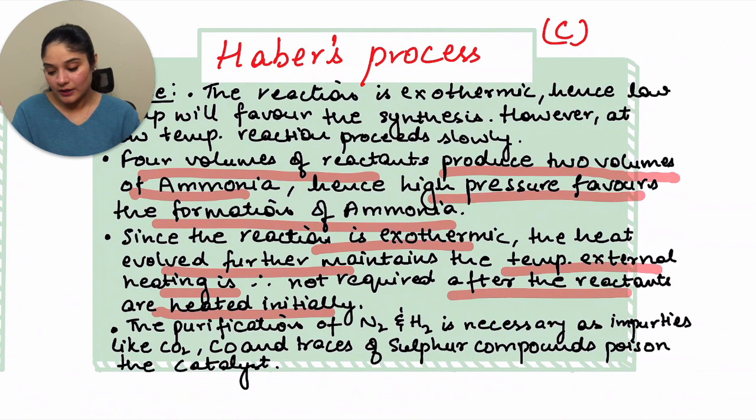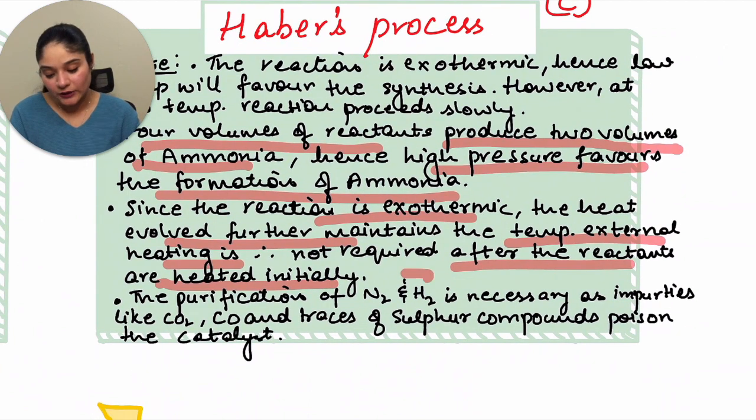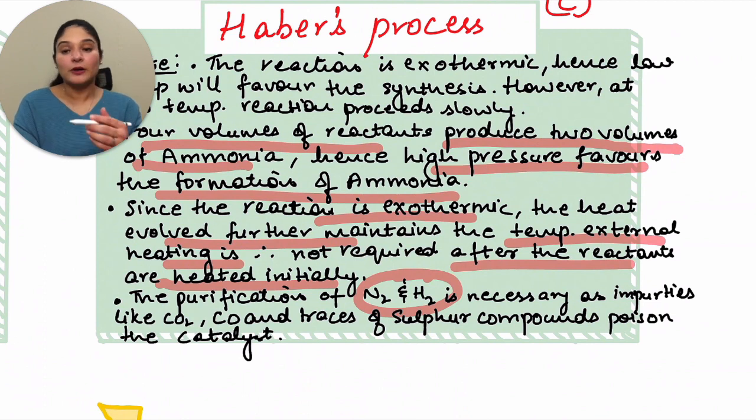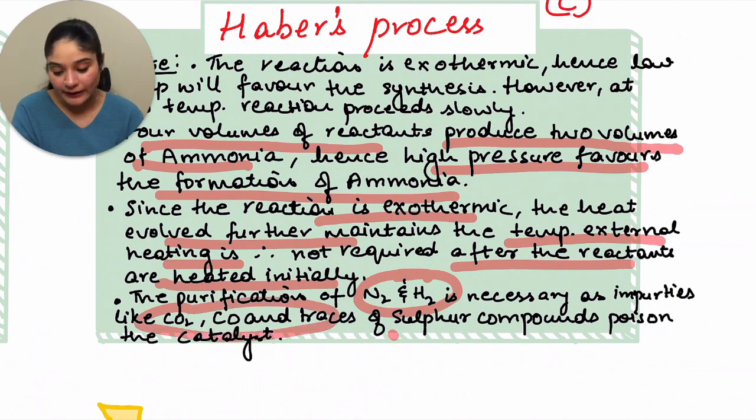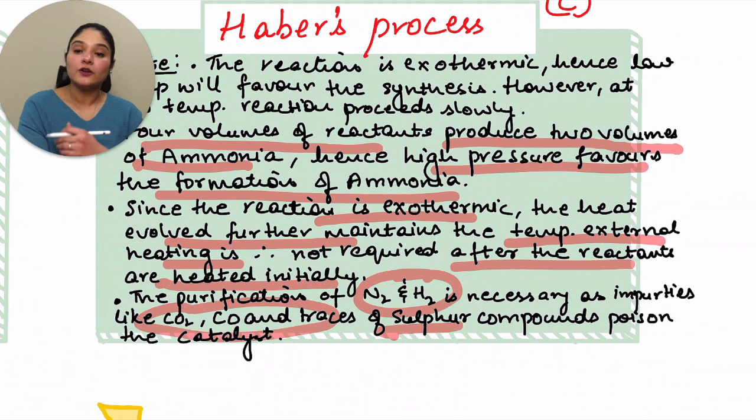The next is, purification of nitrogen and hydrogen is very necessary because they may contain impurities. What kind of impurities? They may contain carbon dioxide, carbon monoxide, or some traces of sulfur. If these are present, they can end up poisoning the catalyst.